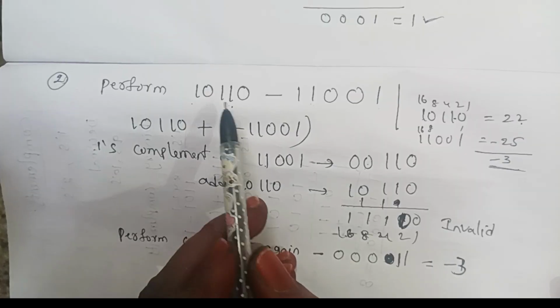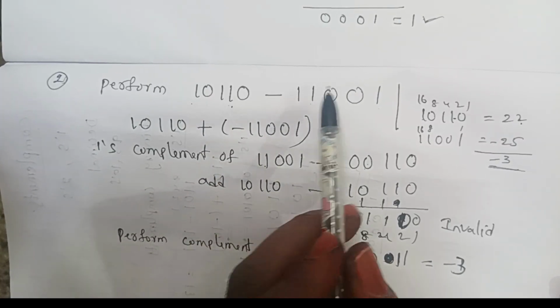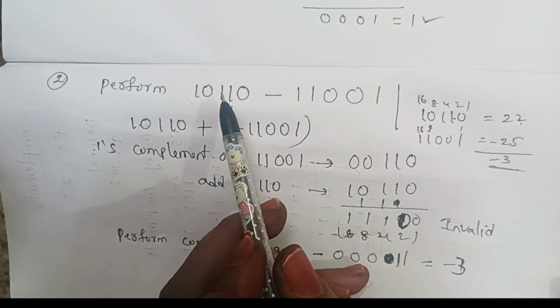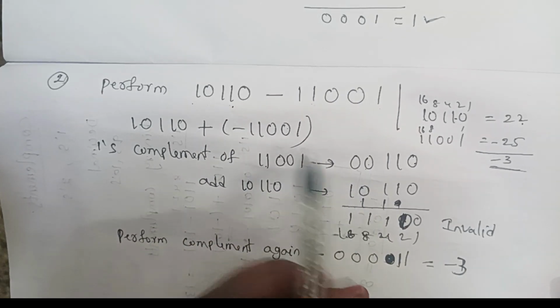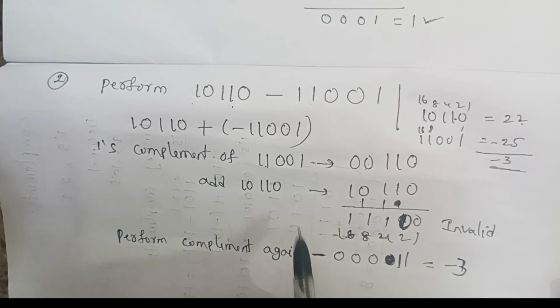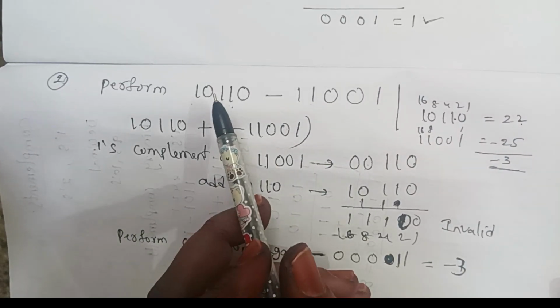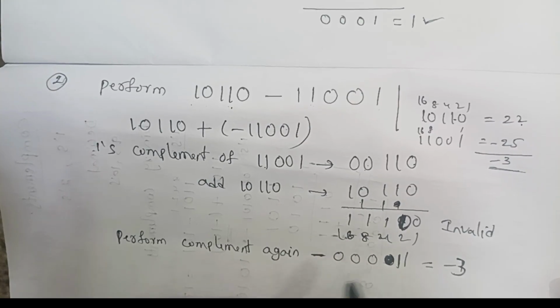If you are subtracting a larger number from a smaller number, first find the complement of the negative number and add that to the given number. Then for the result, perform the complement again and put a negative sign.